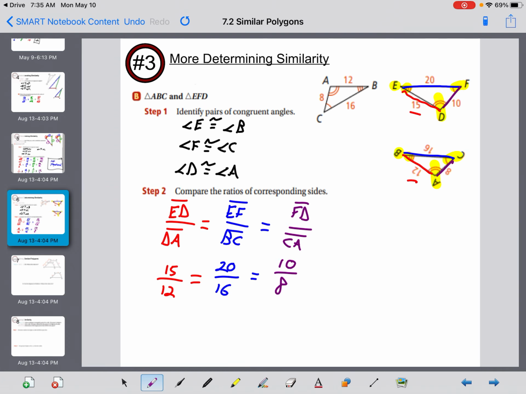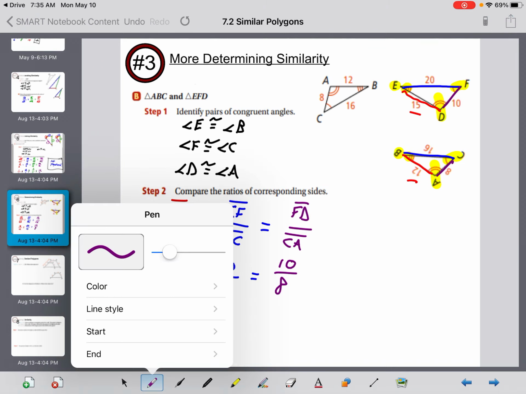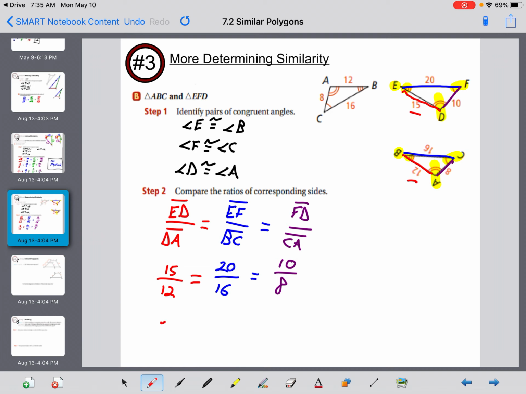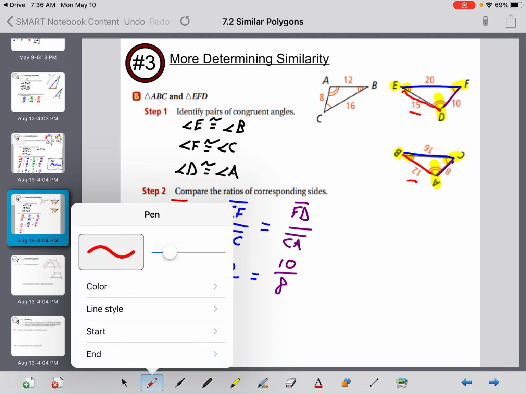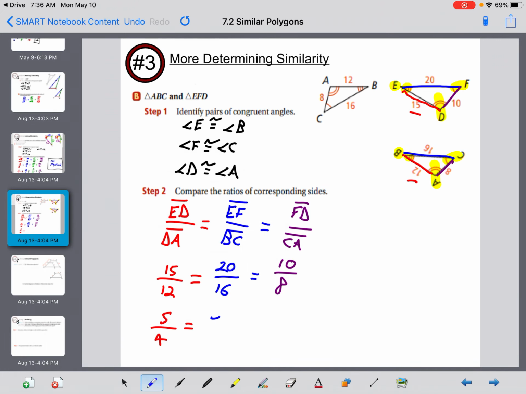Now, all you have to do is type these in the calculator. 15 over 12 simplifies to 5 over 4. 20 over 16 simplifies to 5 over 4.